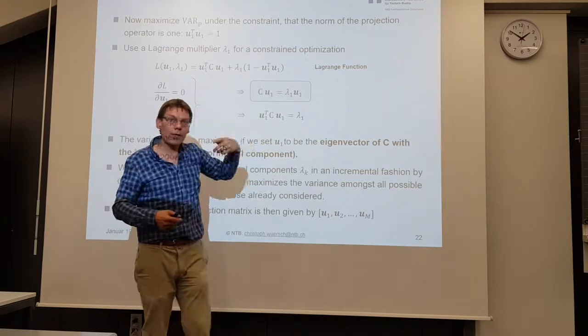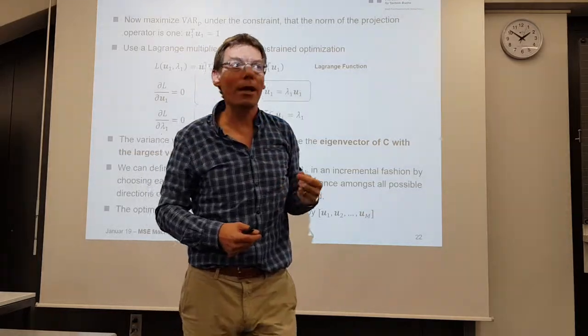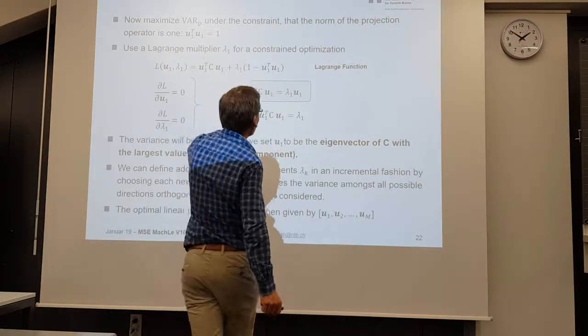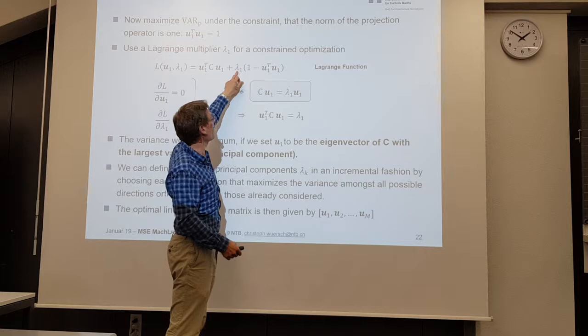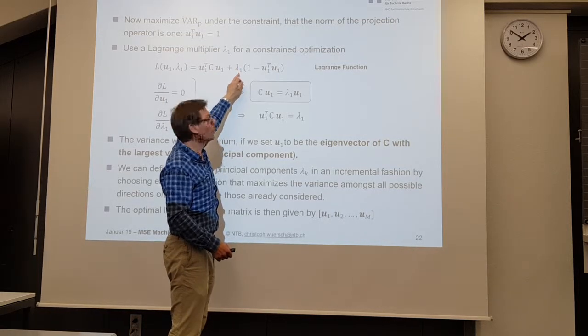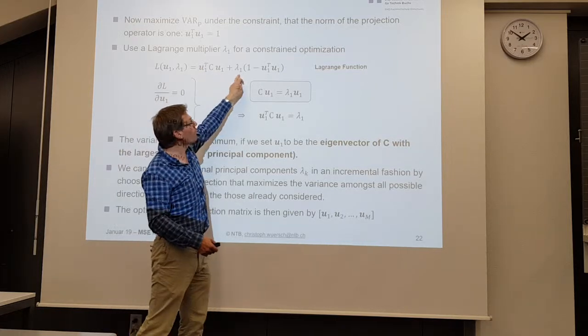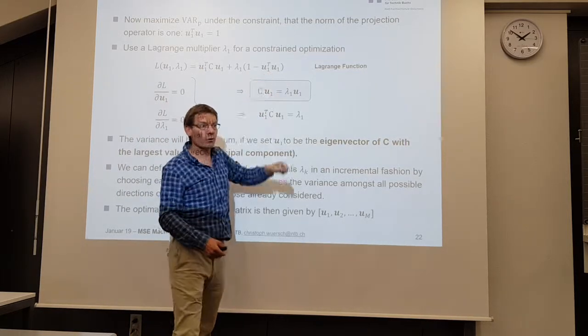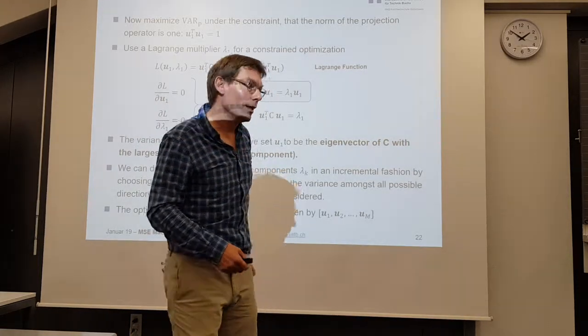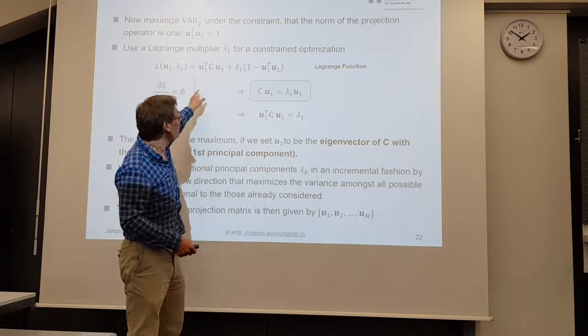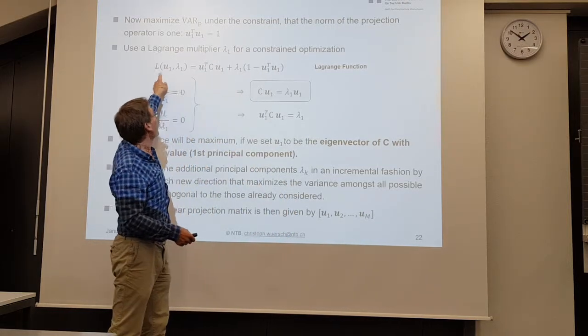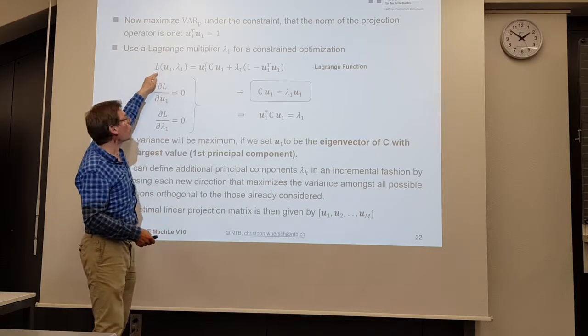And every constraint we add using a new parameter, which is called a Lagrange parameter. So we want to optimize, or maximize, this one under the constraint that the length of the u1 vector is 1. And we can do it simultaneously, defining a Lagrange function, which we then optimize.